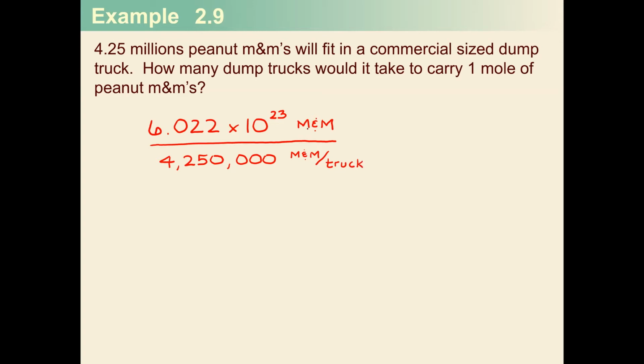So now my M&Ms will cancel, and now I have the dump trucks on the bottom of my denominator, which means it would go to the top. So this would then give me a successful conversion factor to tell me how many dump trucks I would need. That answer is 1.42 times 10 to the 17 dump trucks.